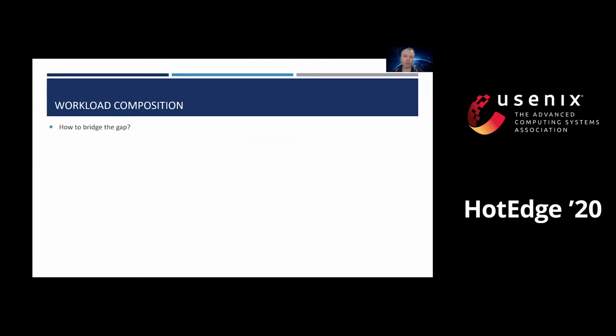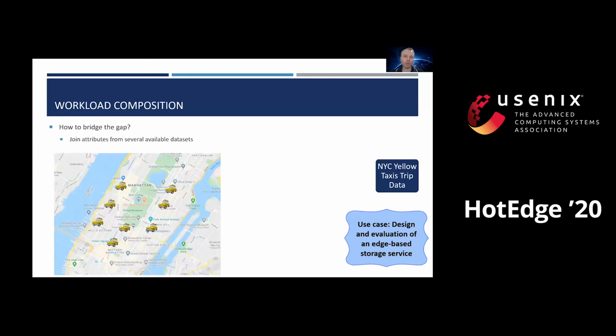So how do we bridge this gap? In order to do so, we will join attributes from several available datasets. In our example use case, in which we're interested in an edge-based storage service workload, first we take the NYC yellow taxi trip dataset. It contains information on taxi trips, including pickup and drop-off location and time, number of passengers, fares, and more.